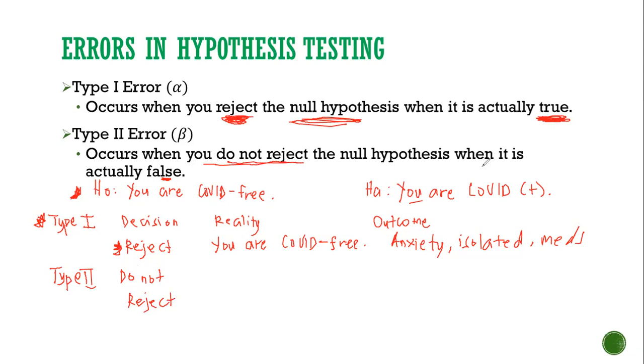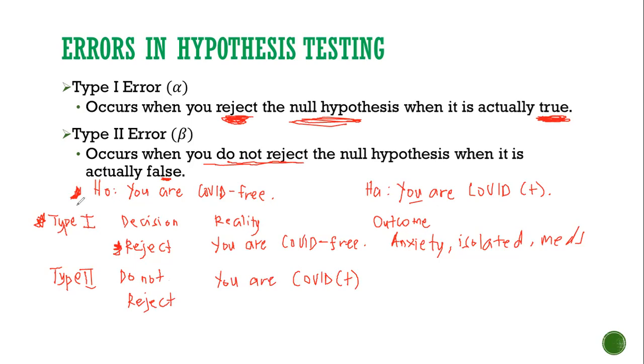Ibig sabihin, COVID positive siya. So in reality, meron talaga siyang COVID. May COVID talaga siya. Pero anong sinabi mo? Instead na sinabi mong, uy, may COVID ka, hindi mo inaccept yun. Did not reject it. You did not reject this, your null hypothesis, na COVID-free ka.